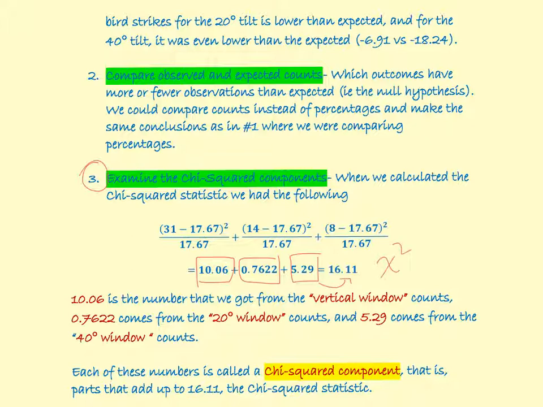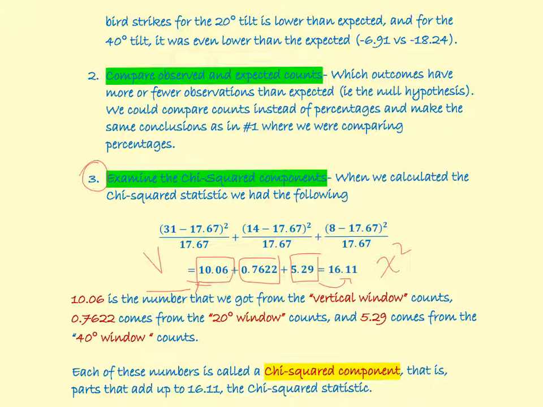The reason why our chi-squared statistic is so large is because the largest contributor to that large chi-squared statistic is the 10.06, which comes from the vertical windows. So the category that deviates the most from what is expected, which is that the counts are all equal, is the first category of vertical windows.